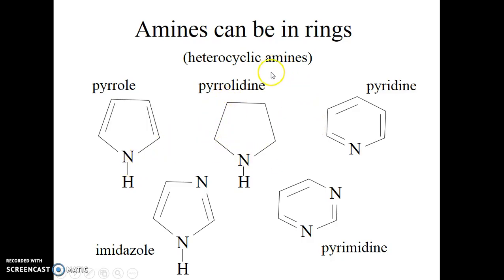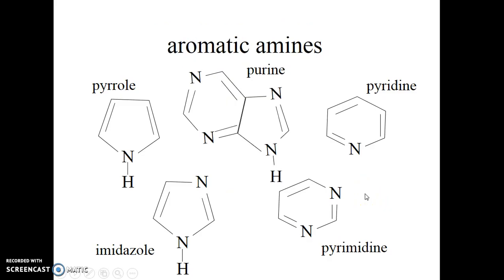This is aliphatic. It's called pyrrolidine. Here's pyridine. That's been a reagent that we've used a lot of times when we want a non-nucleophilic base. This is imidazole, and that's a common heterocyclic amine. And here's pyrimidine, another common heterocyclic amine.